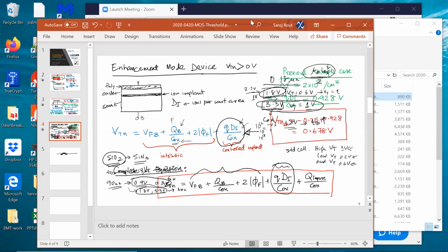Sir, at the oxide substrate interface, there always exists a positive charge due to some impurity. So what about that charge, or is there some voltage controlling that we can add to the threshold voltage equation? Yes, so that's this quantity I'm talking about, Saurav.